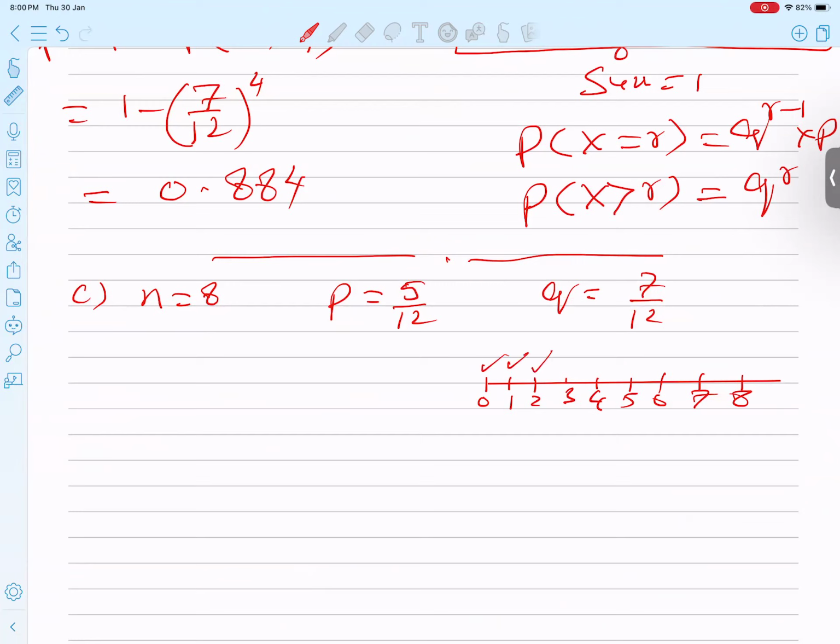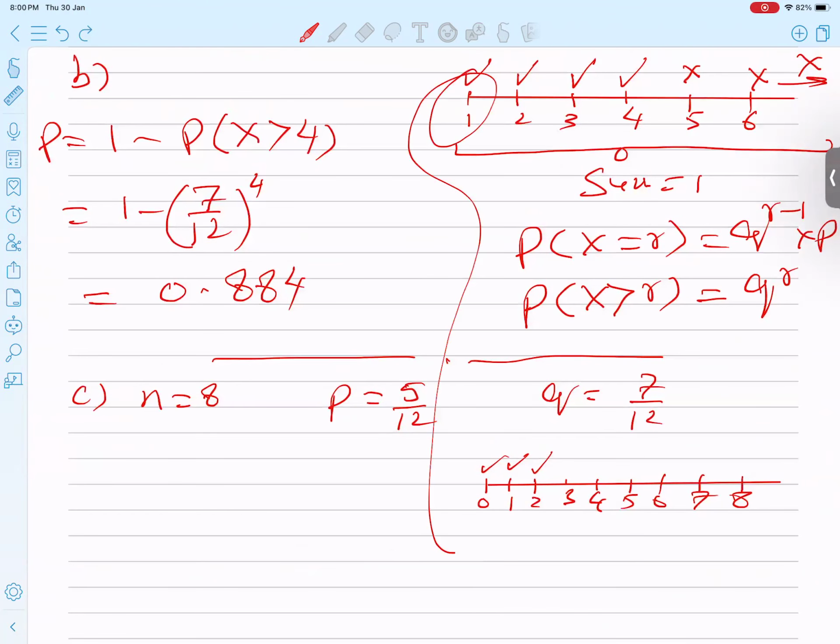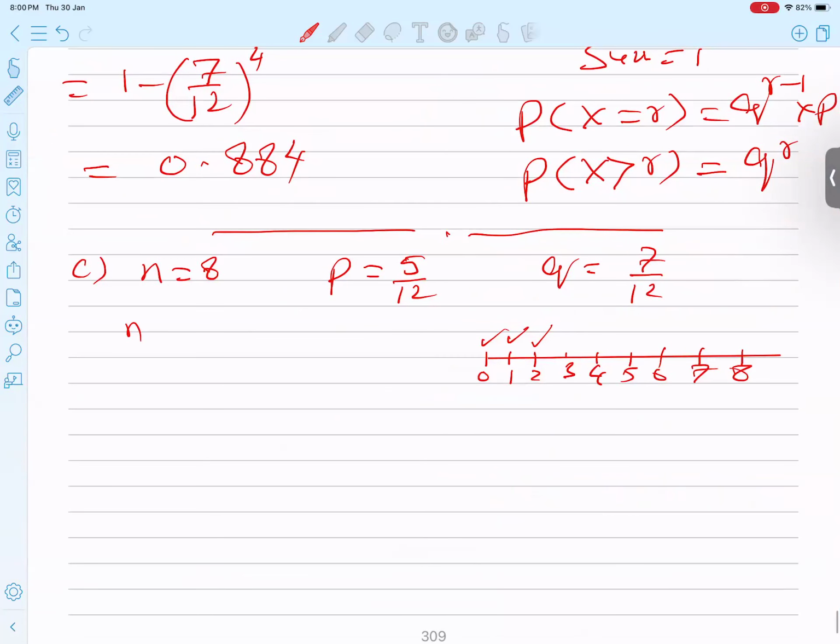Binomial starts from 0, whereas geometrical starts from 1. The formula of the binomial is nCr, q to the power n minus r, and p to the power r. I'm going to use this formula 3 times: once with r equal to 0, once with r equal to 1, and once with r equal to 2.